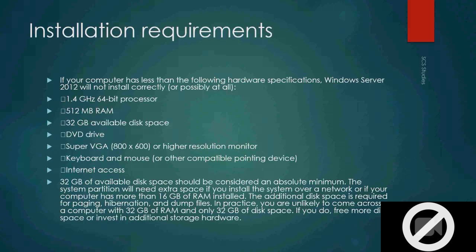In practice, you are unlikely to come across a computer with 32 GB of RAM and only 32 GB of disk space. It is not recommended. If your computer has 32 GB of RAM and you have only 32 GB of disk space, it may require additional storage hardware.